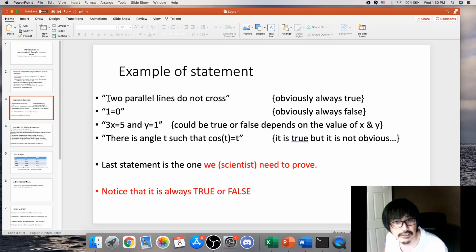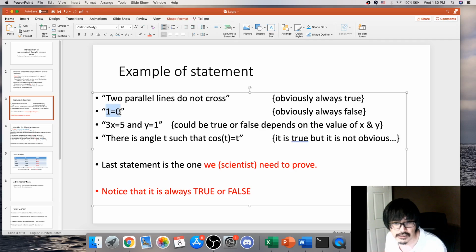So there are several sentences in the textbook that we don't have to prove when they're really obvious. Sometimes it's obviously false, like 1 equals 0. And some statements, like 3x equals 5 and y equals 1, could be true or false depending on the values of x and y.